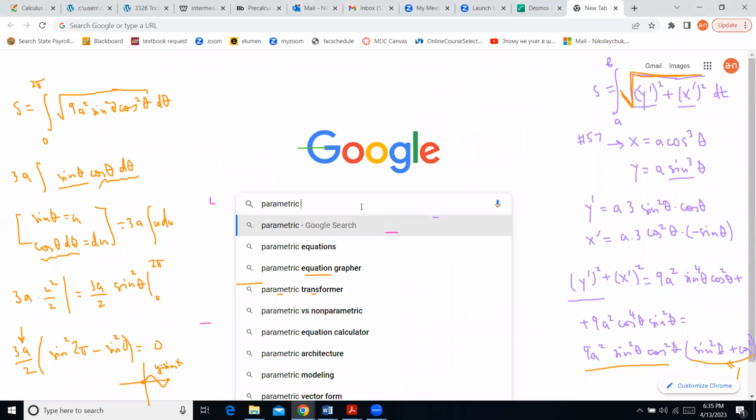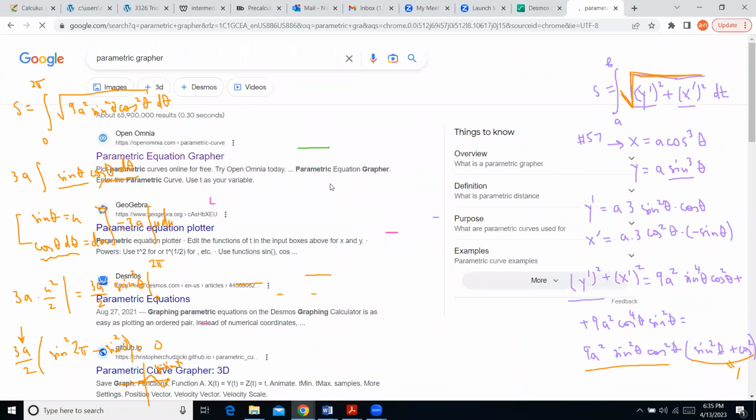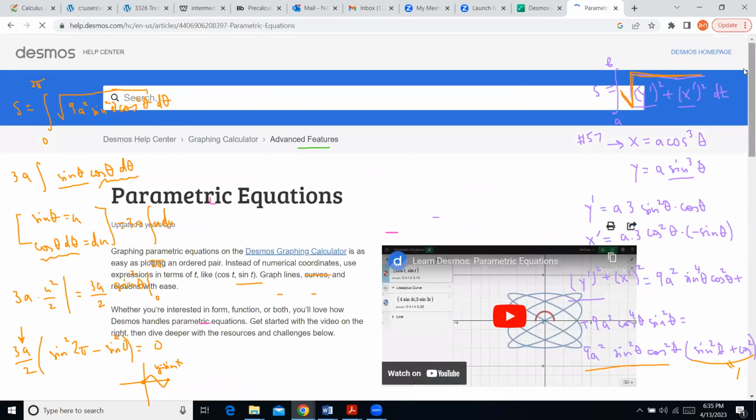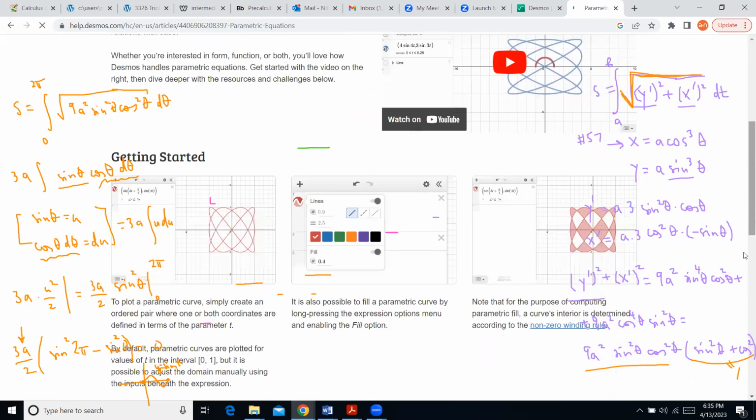Parametric graph. Interesting. Do they have this in Desmos? Yeah, let's try Desmos. I think Desmos is a nice tool. Is it actually?